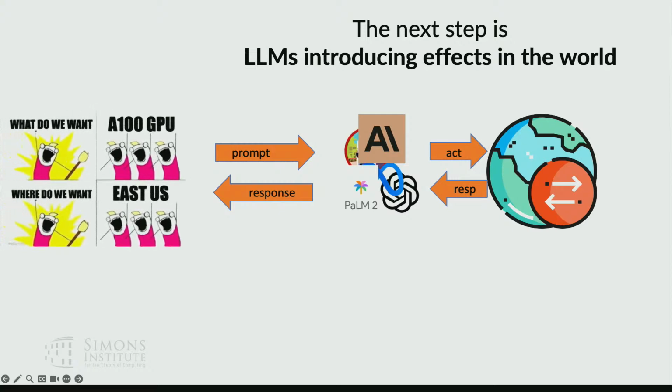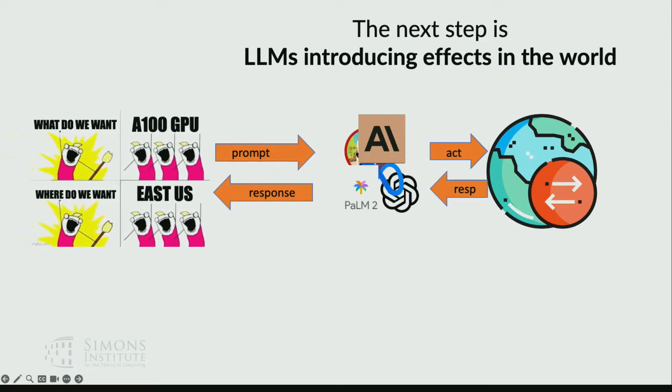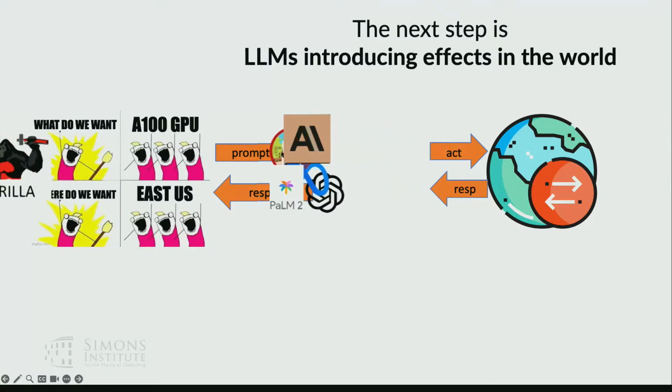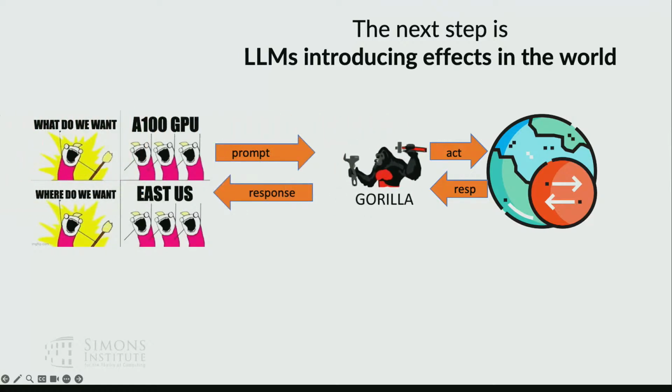To ground this in a concrete example, many of you might have tried to train, fine-tune, or play around with LLMs, and we know that GPUs are a scarce resource. So suppose you say, I want 800 GPUs in East US. What we want is an LLM, and in this case Gorilla, an LLM that we have trained at UC Berkeley, that goes ahead and checks if there is capacity for 800 GPUs in East US.